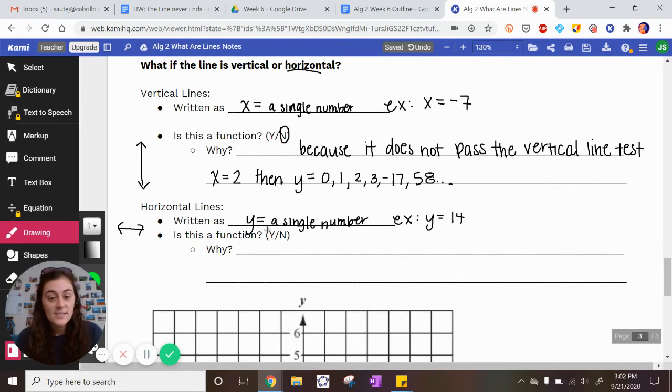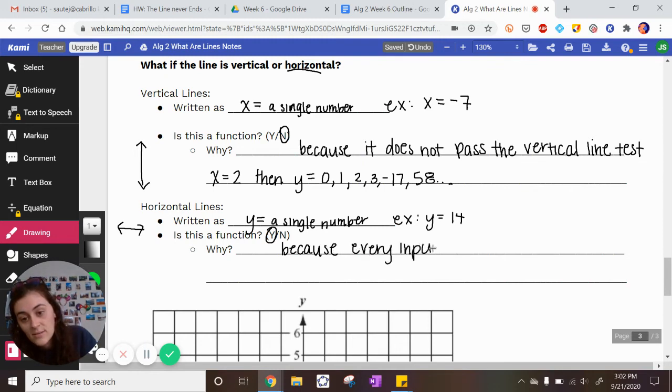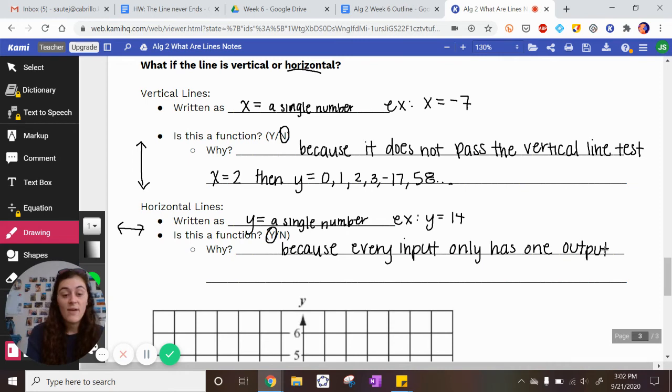And this one is a function, because if I pass a vertical line through any point, you're only ever going to get one y value. So this is a function because every input only has one output.